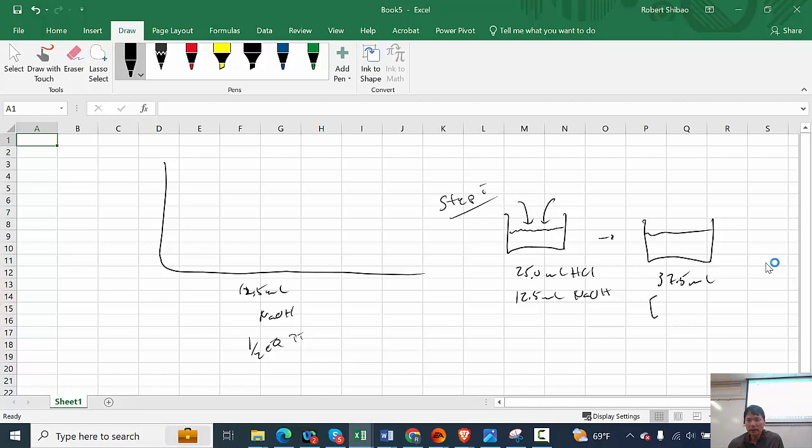All right, so let's go ahead and calculate HCl concentration first. What's the dilution factor for HCl? It's a 25 over 37.5 dilution to 3 sig figs. And the concentration was 0.10 molar. Actually, should I do 3 sig figs? Did I do 2 sig figs or 3 sig figs? 2.